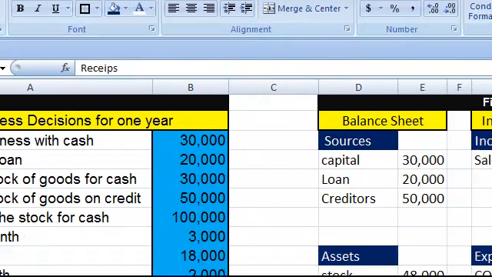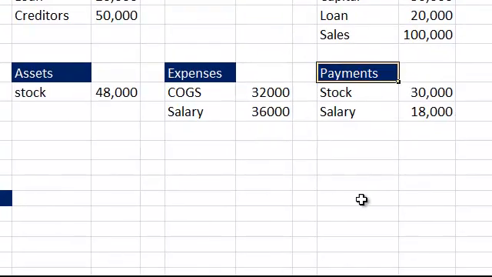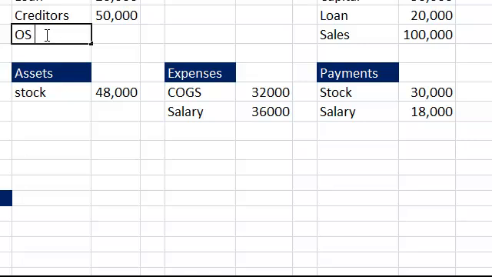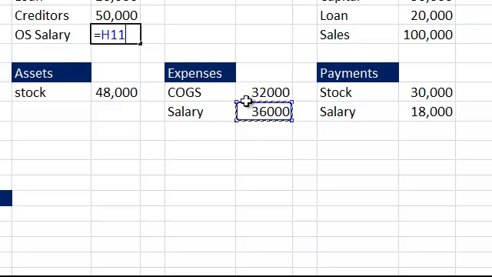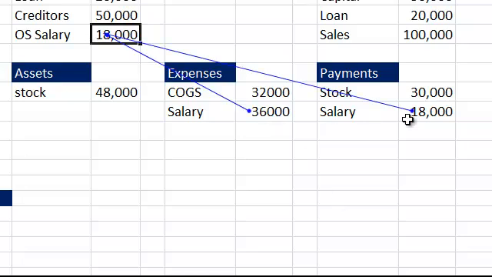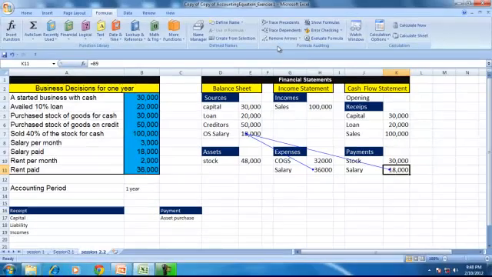So the expense is 36,000, payment is 18,000. So there is an outstanding salary. The outstanding salary is 36,000 minus 18,000. So 18,000 is a liability. And if the payment is less than the expense, there is a liability.